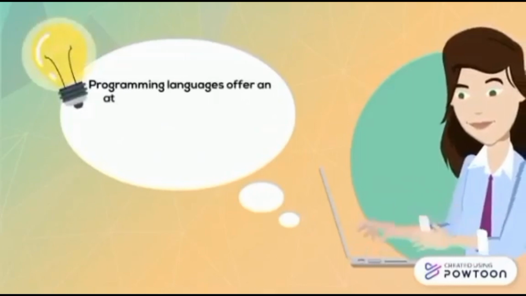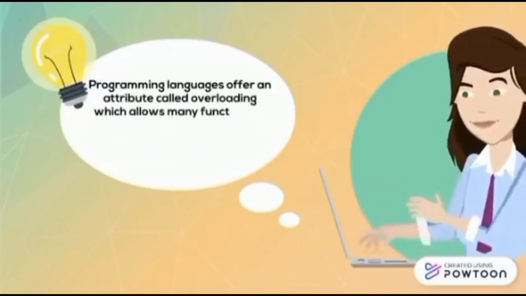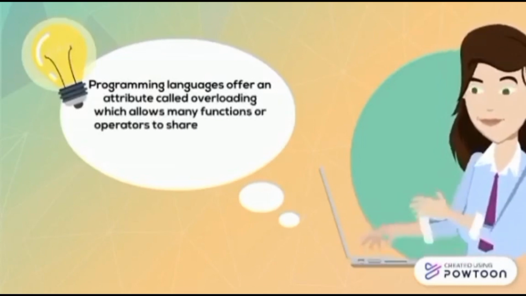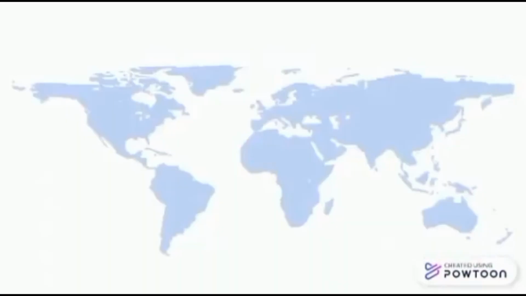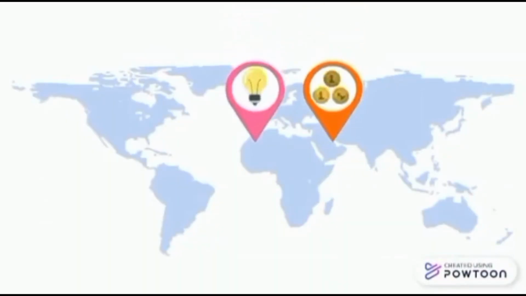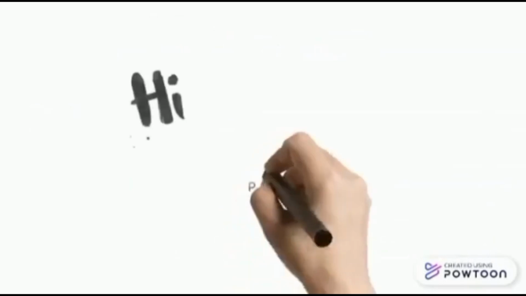Overloading. Programming languages offer an attribute called overloading, which allows many functions or operators to share a single title yet with distinct argument lists. For example, here is an example of overloading.